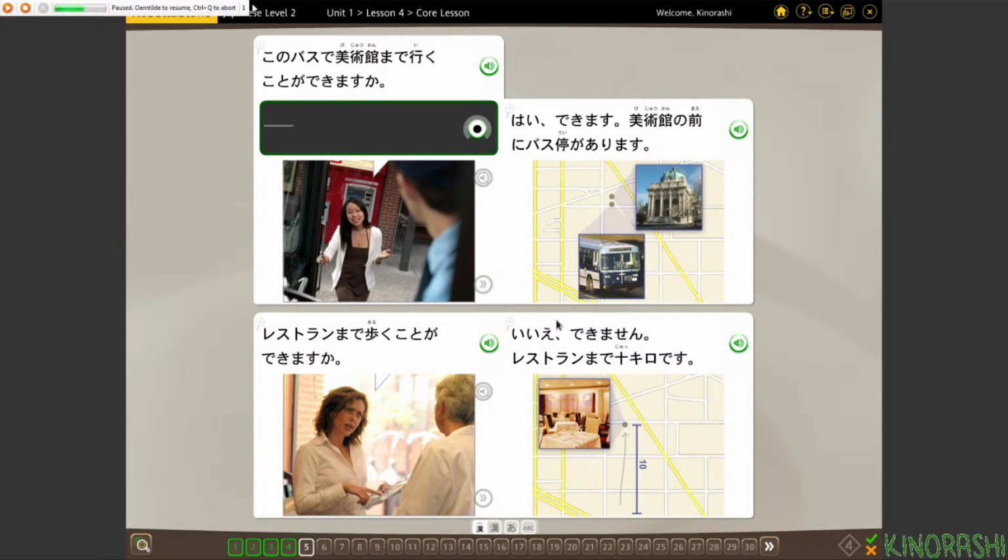Let's look up the de particle again. Maybe we can get some understanding on why it used de in one spot and ni in another spot. Using particle de as at or in. The particle de comes after the place noun and before the action verb.